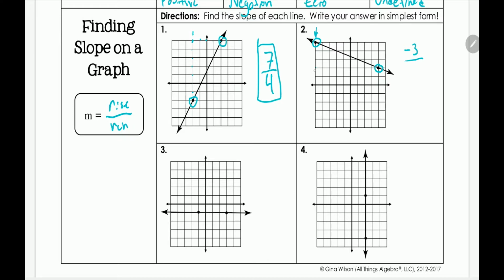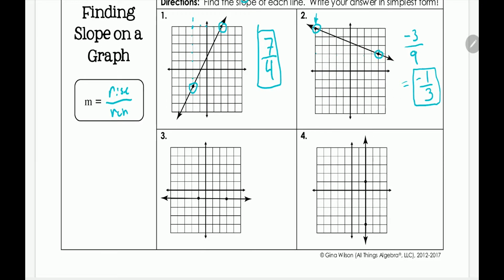In this case, we're going to be going right. So we have 1, 2, 3, 4, 5, 6, 7, 8, 9. So our run is 9. And if you notice, this fraction is not in its simplest form. In other words, we're able to reduce this a little bit. So this reduces down to negative 1 over 3. And that is our slope for number 2.